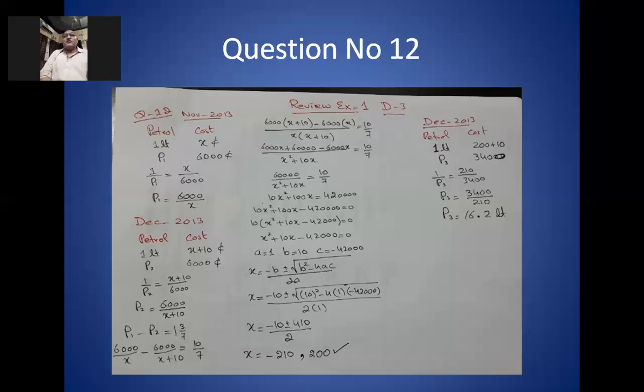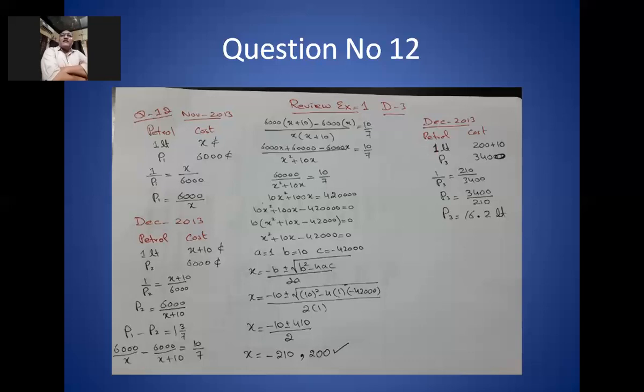And the question is, how much petrol can you buy. So convert them into fractions. 1 by P3 equals 210 divided by 3,400. You just cross multiply it, making P3 the subject of the formula. So you will have P3 equals 3,400 divided by 210.